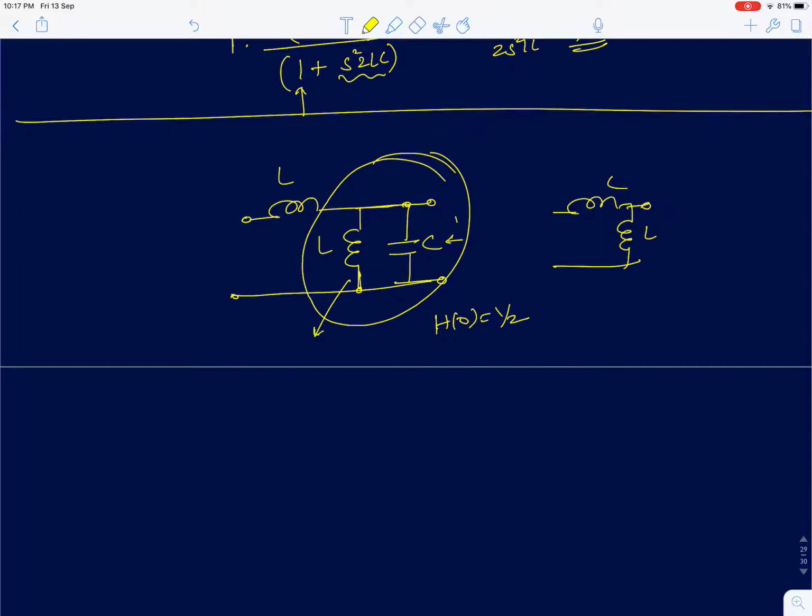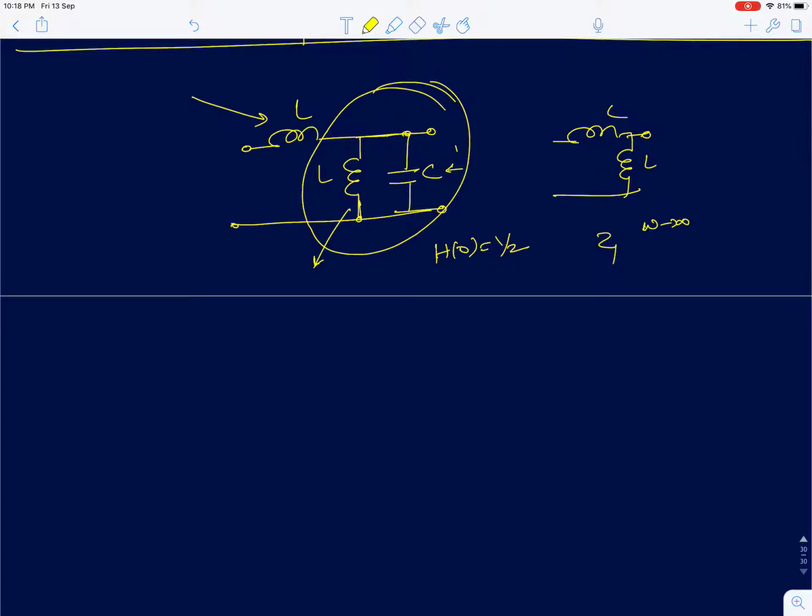At DC this inductor impedance becomes 0, but Z1 also becomes 0, so we can't use this condition. The other condition is Z2 becoming infinity, or Z1, the impedance in this arm, becoming infinity. That happens only at omega equal to infinity, so there is no zero in the circuit.